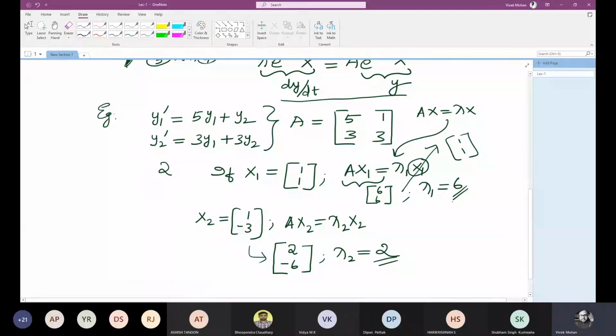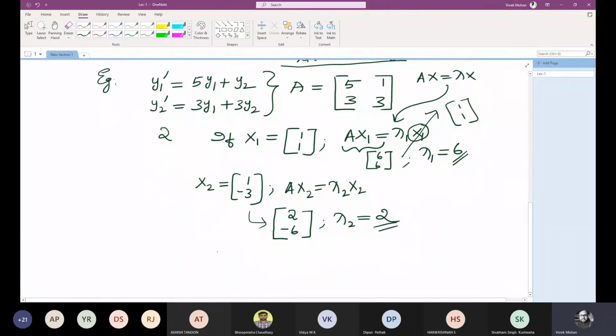We have two eigenvalues and two eigenvectors. Now we are going to find the solution. So you have two solutions basically. Our solution is a vector y1 of t, y2 of t. The first solution can be found out by e raised to lambda 1 t into x1 equals, what is lambda 1? 6. e raised to 6t into 1, 1.